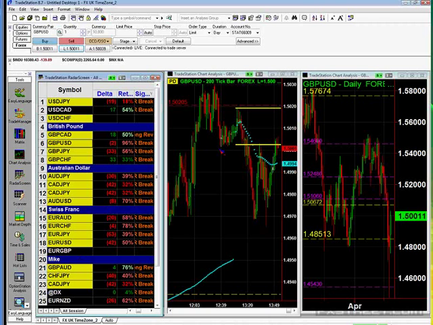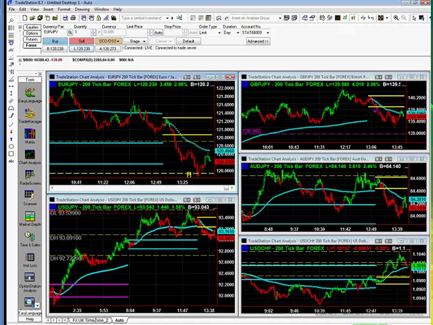Okay, so let's look at our auto here. This is the euro yen. This is the pound yen. This is the Aussie yen. So I think I can take now, it is trading at 120.24.